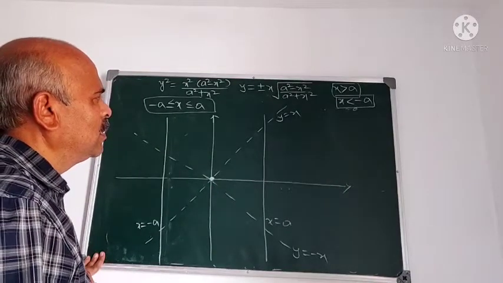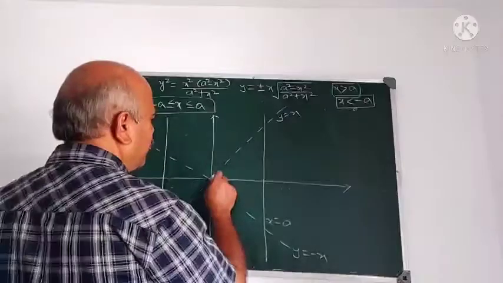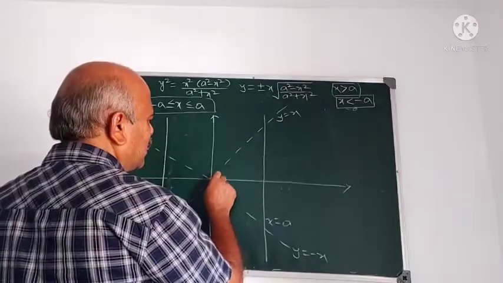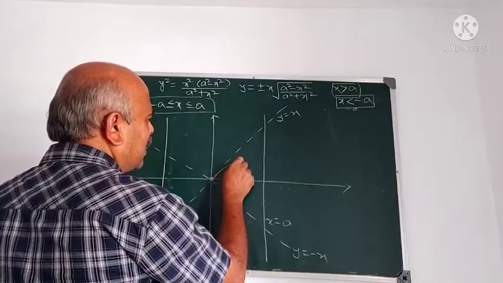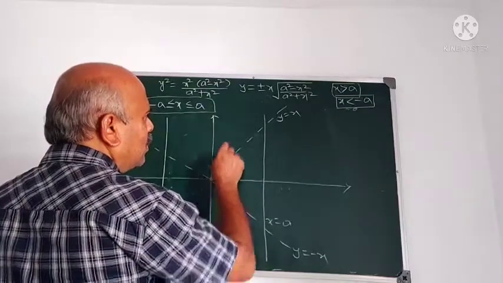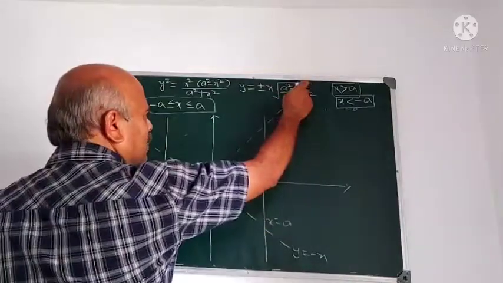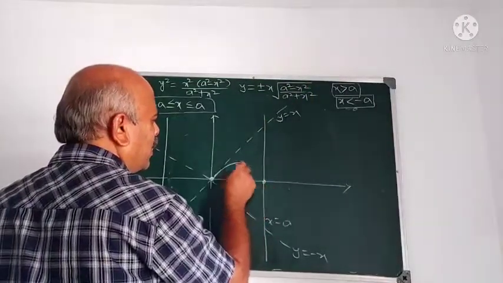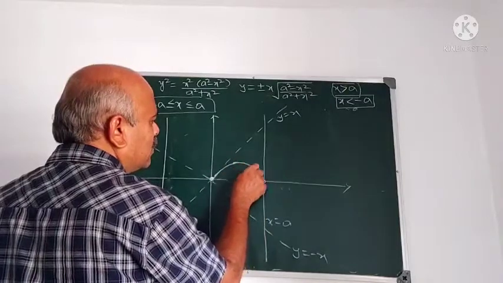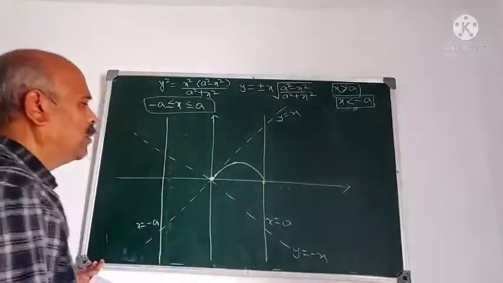Now, I start with this, the curve passes through this point, and when x increases, y also increases. Since it is a tangent, I take like this. It increases to a certain value, but again starts decreasing because minus is there. When x is equal to a, y becomes 0. So this is the branch of the curve.